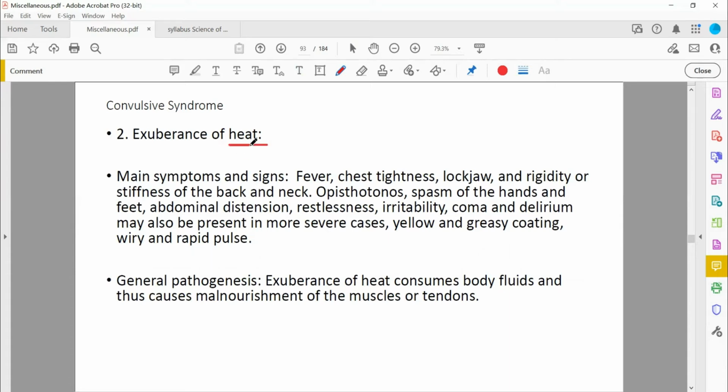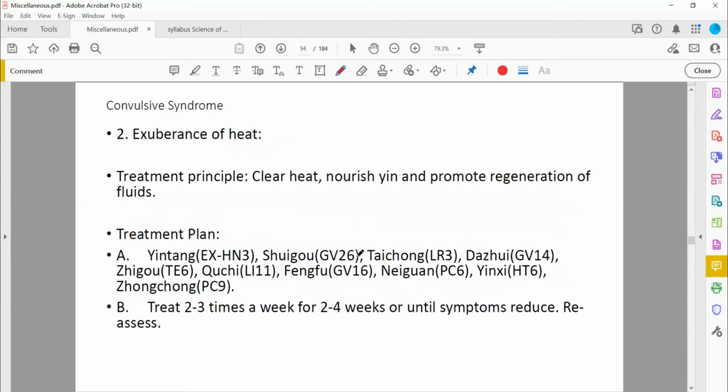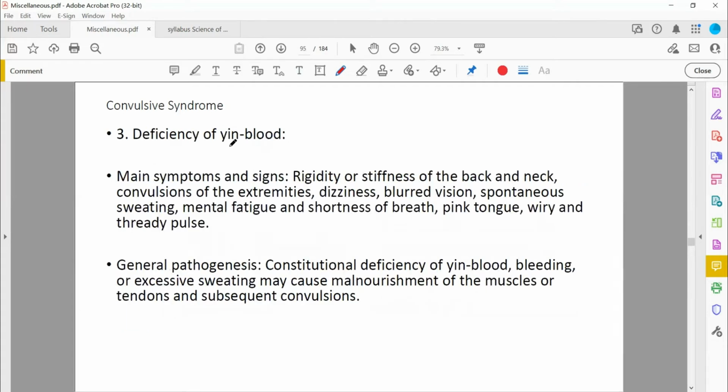Exuberant heat. If heat is very strong, like if people have a high fever, they have a convulsion, high body temperature. If there's yin deficiency, yin blood deficiency, or blood deficiency, there will be convulsion.